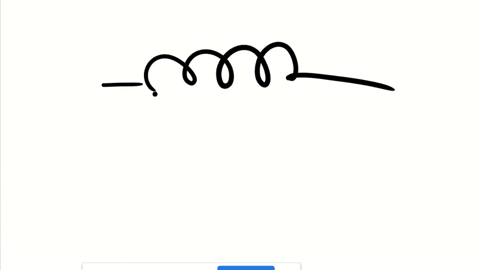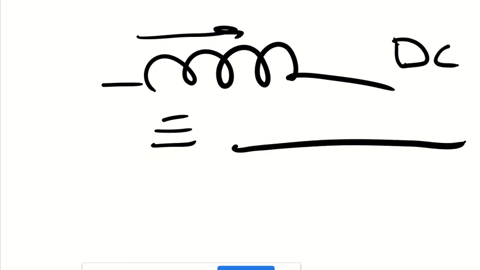Again, just a review for inductors. When you have DC current going through an inductor, it's just like a coil of wire and nothing will happen. But when you have a change in current, because of the magnetic field created inside, it will collapse and impede the flow of current.